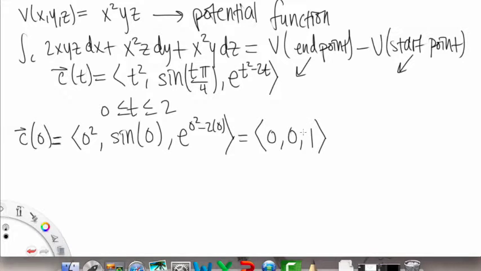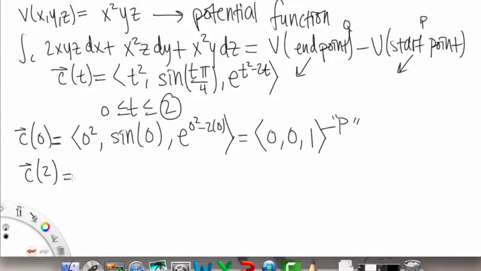So that is our start point, which you can consider like p, and this is like q. Now for our endpoint, we just take the ending value of t and plug it in.